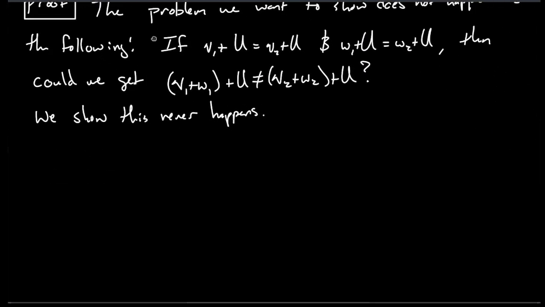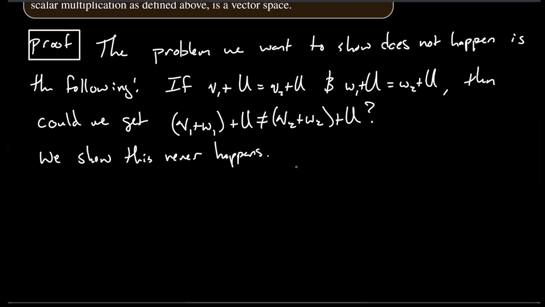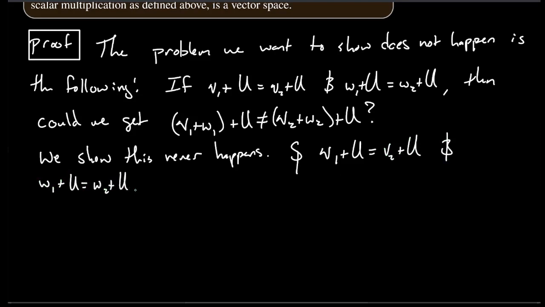Okay, so let's show that this never happens. Here's the idea. Suppose that we have v1 plus u equals v2 plus u, and w1 plus u equals w2 plus u. Then we know the following.